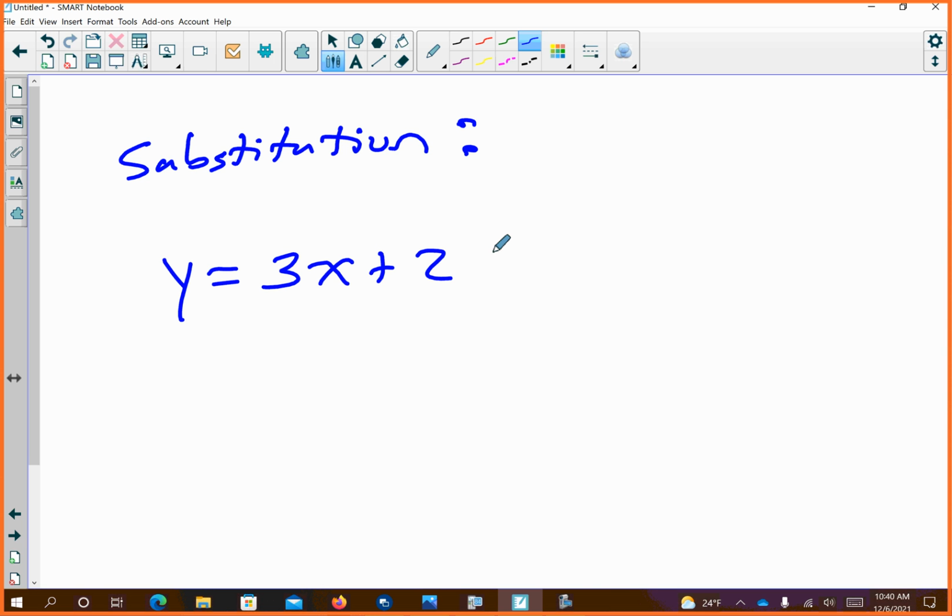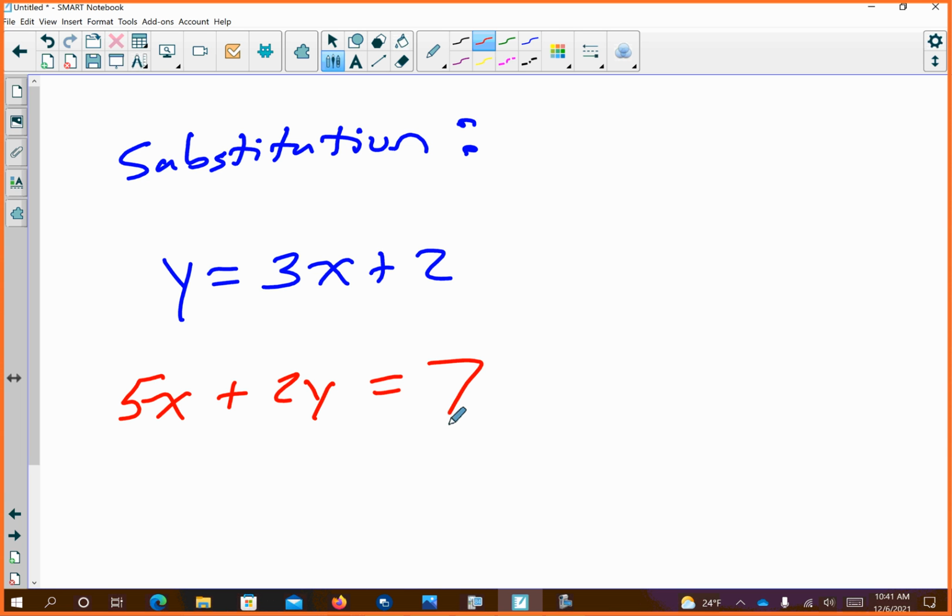Other things that you'll see would be you need to do substitution. So substitution, I'd probably give you a problem like this. And friends, I'm making this up off the top of my head, so it's going to come out ugly. Okay, so those are our two equations. So what should I do in this situation to start solving it?